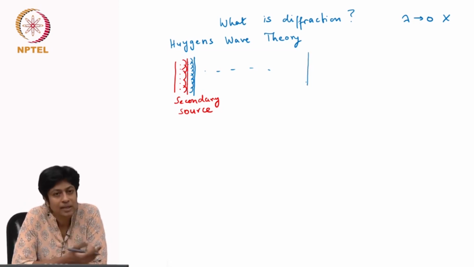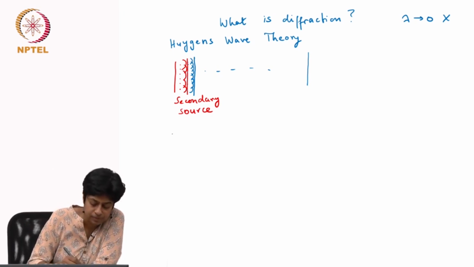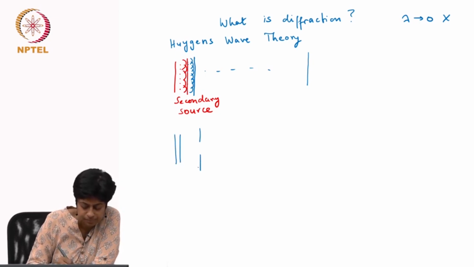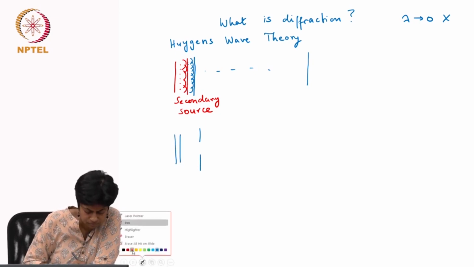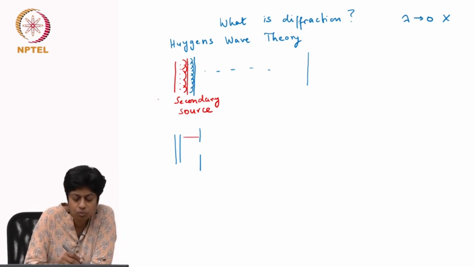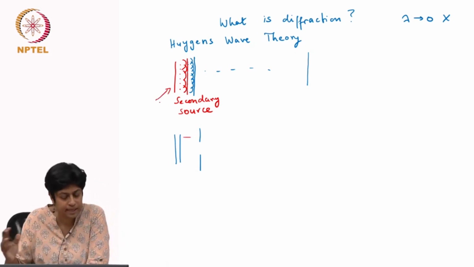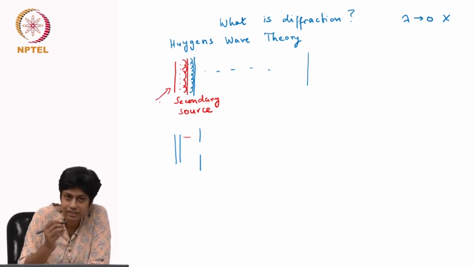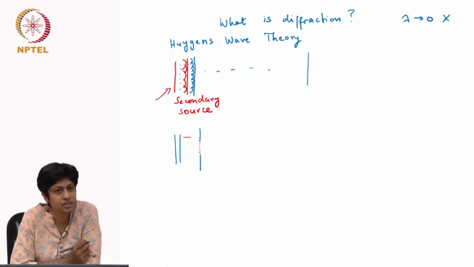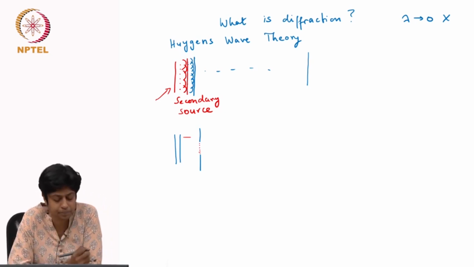But what happens when it encounters an aperture? That's what we are concerned with. So let's say I have a plane wave, and now we have an aperture. In this distance, whatever we saw here is what is happening. So the wave travels till it reaches the aperture. At the aperture now, you can consider this region to have sources, the rest are blocked.